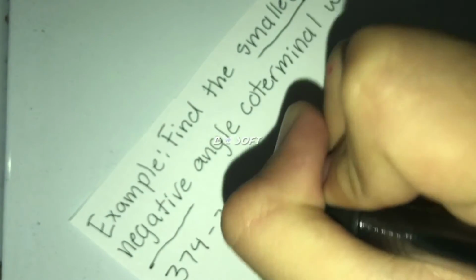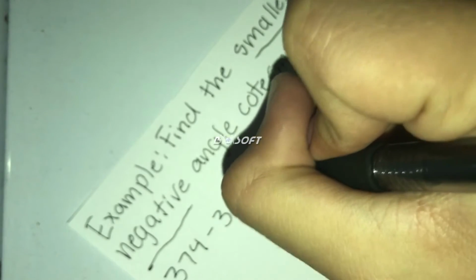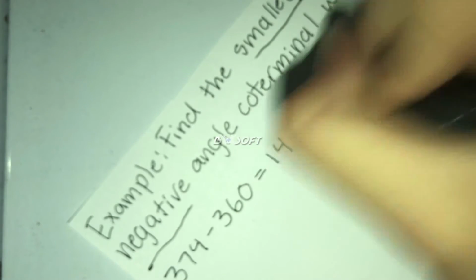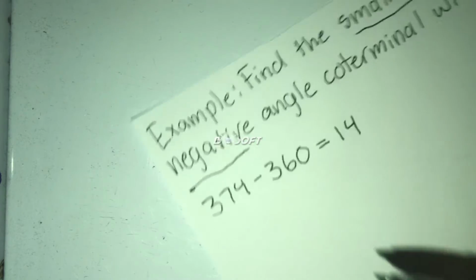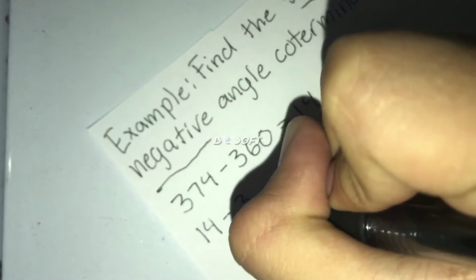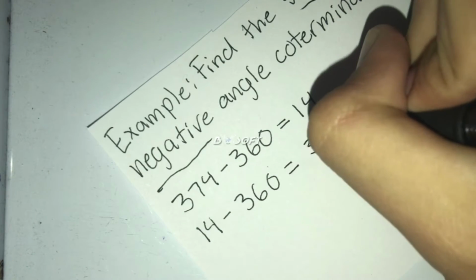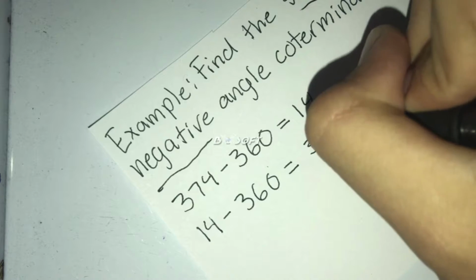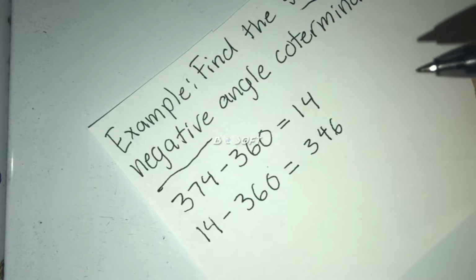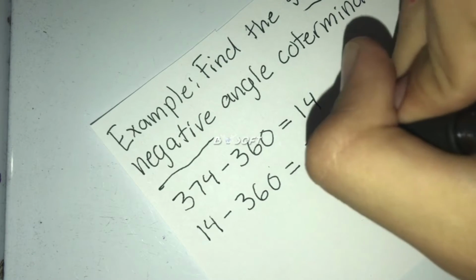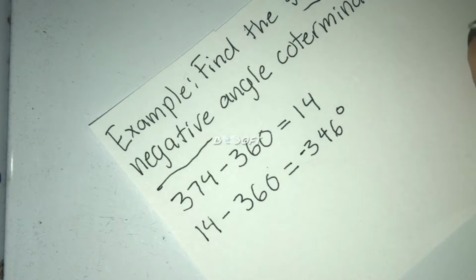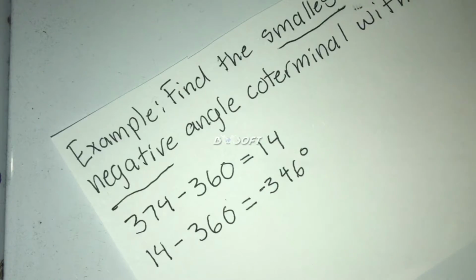So 374 minus 360 gives us 14 degrees, but that's still not negative. So in this case, we would have to just subtract 360 again, and we get negative 346 degrees. And this is our negative angle.